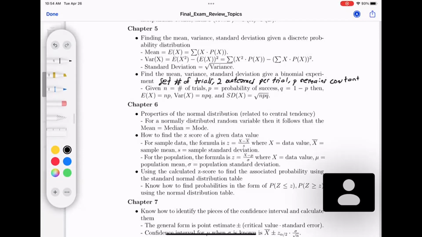Anyone remember the last one? The trials are independent of one another. Just say independent trials.